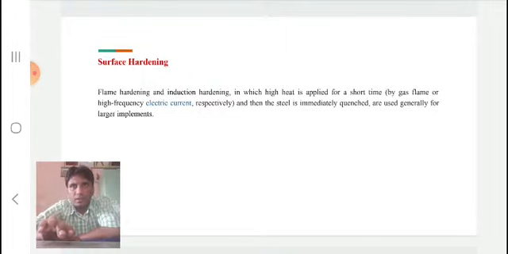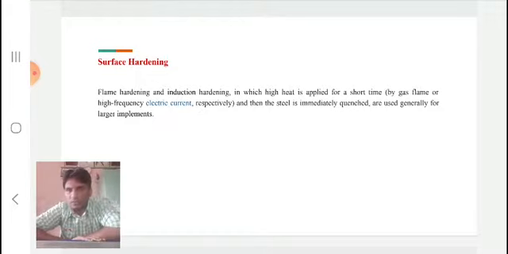It is a short time hardening process actually. So basically, it is a heat treatment process where oxy-fuel gas flames are directly impinged onto the gear tooth surface area to be hardened, which is then subjected to quenching.